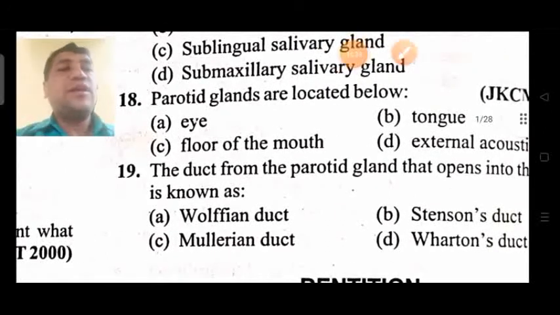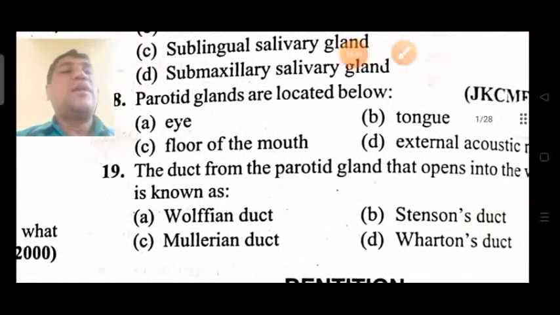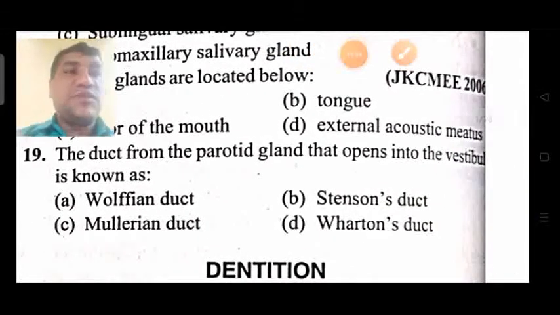Next, parotid glands are located below the eye, the mouth, or the external acoustic meatus. The parotid glands are present just below the eye, above the tongue, and not at the floor of the mouth. They are present in the cheek region.